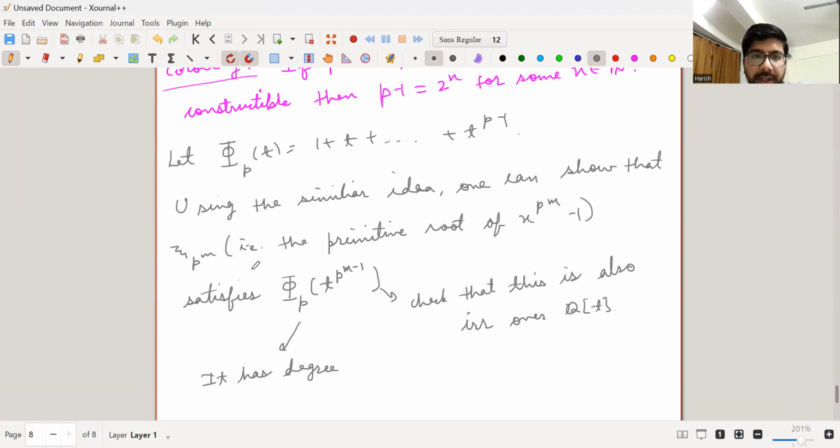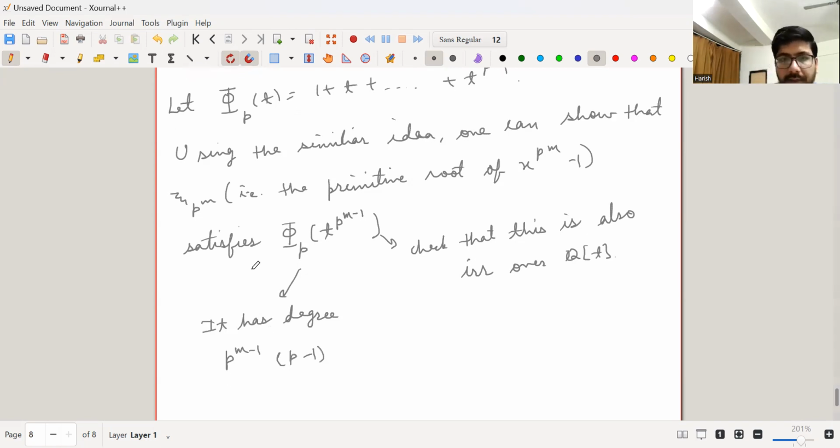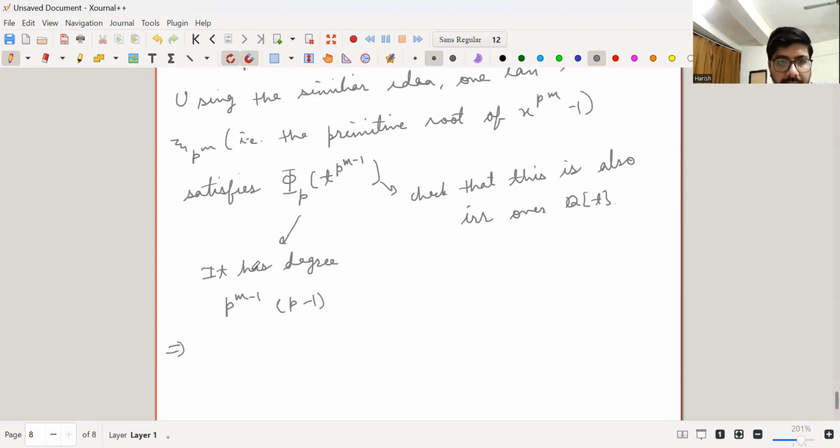What term will give you the degree of this polynomial? When you replace t by t^(p^(m-1)) in the last term, this will be the highest degree term in this polynomial, of degree p^(m-1), and then p minus 1 will also come from here. So it has degree p^(m-1)(p-1), and thus Q(ζ_(p^m)) over Q has degree p^(m-1)(p-1).